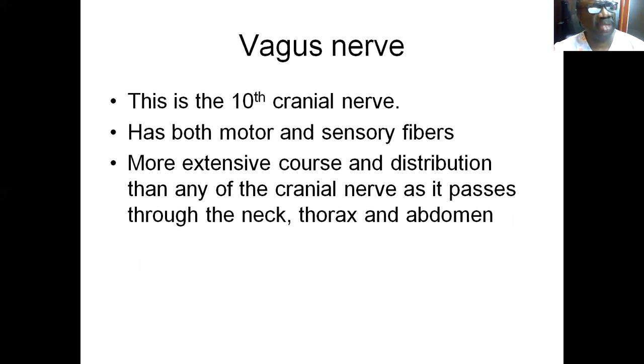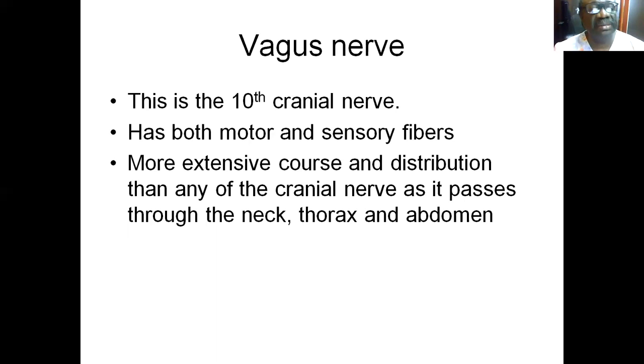Now, let us talk about the vagus nerve. This is the 10th cranial nerve, and it has both motor and sensory fibers, and this is the last nerve we're talking about. It has a more extensive course and distribution than any of the other cranial nerves, as it passes through the neck, the thorax, and abdomen.